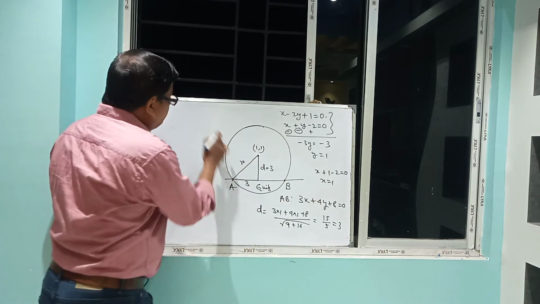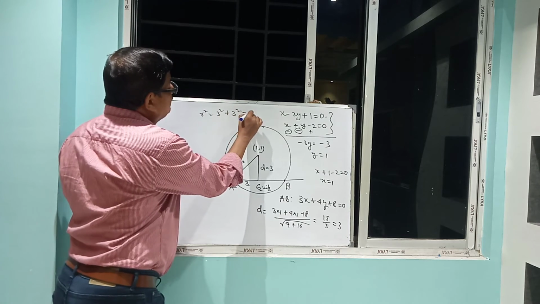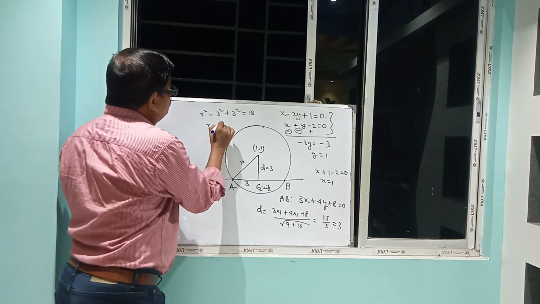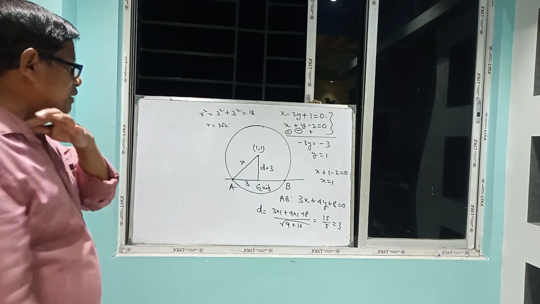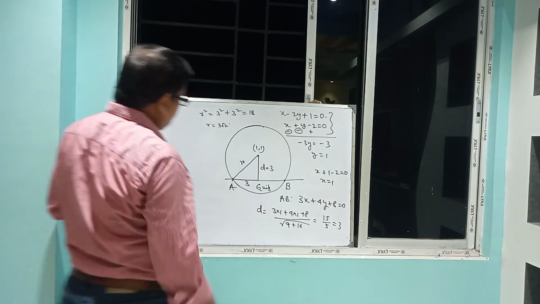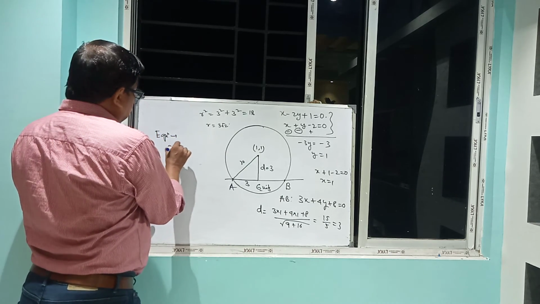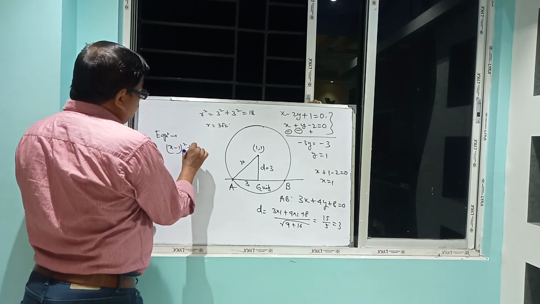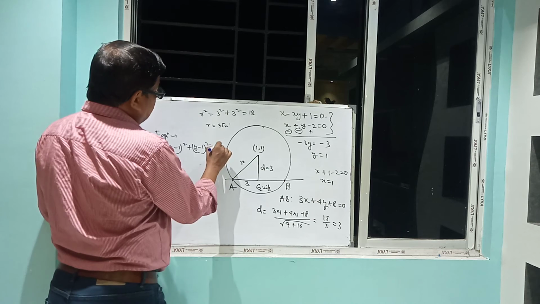So r square you can write 3 square plus 3 square, that is 18. So r equal to 3 root 2. Now the center you know is (1, 1). So the equation is x minus 1 whole square plus y minus 1 whole square equal to r square, that is 18.